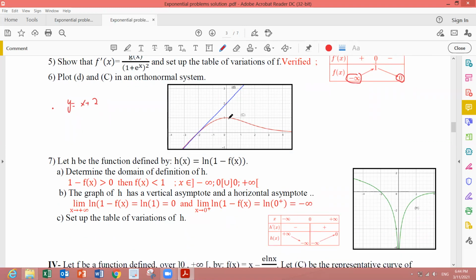The maximum is (0, 1). The intersection between the curve and the oblique asymptote is (minus 2, 0). So the curve here is above the oblique asymptote. Here it intersects the oblique asymptote, goes to the maximum, then it goes near the horizontal asymptote y equals 0.